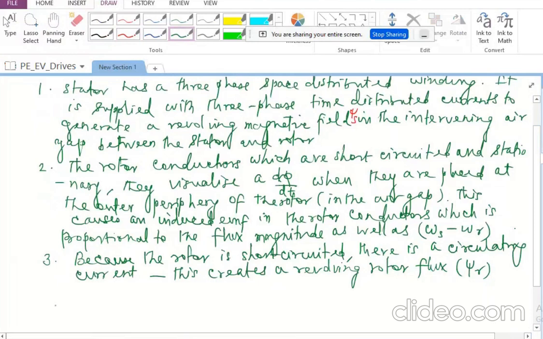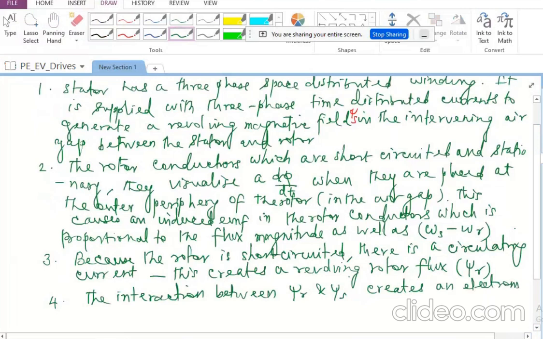So now what happens is the interaction between psi r and psi s creates an electromagnetic torque that opposes the root cause for torque production.